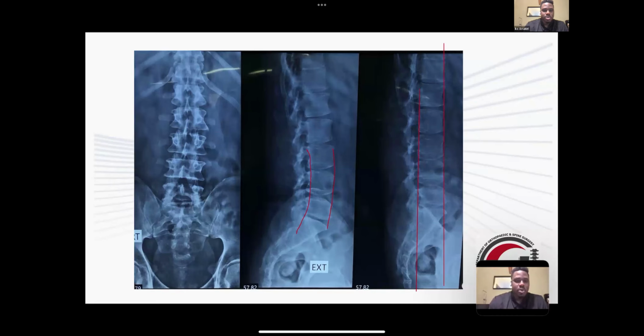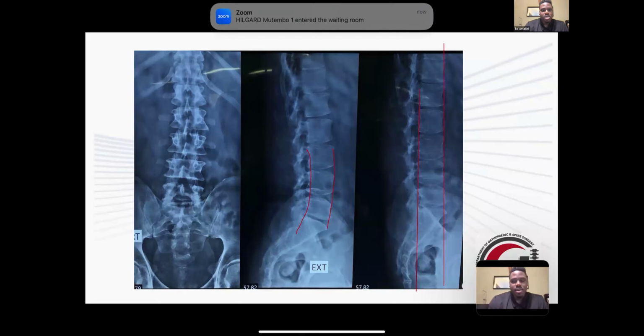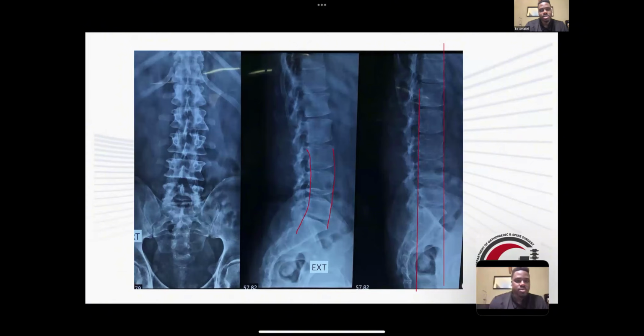Can you walk through your thought process on why you decided to use an endoscopic technique, then why biportal versus uniportal, and the last part would be why you went interlaminar versus transforaminal?